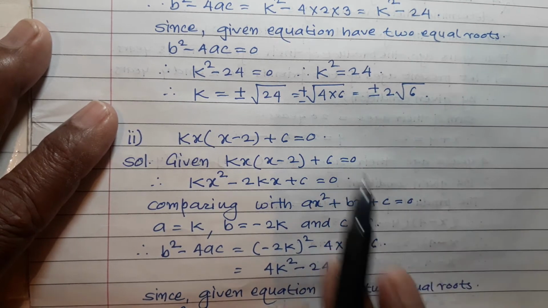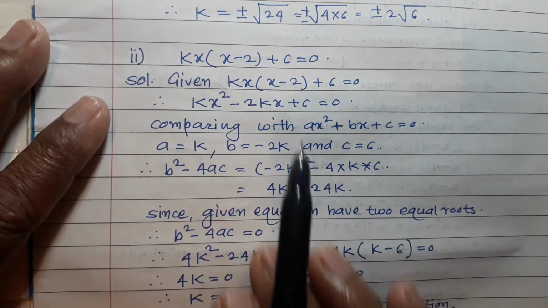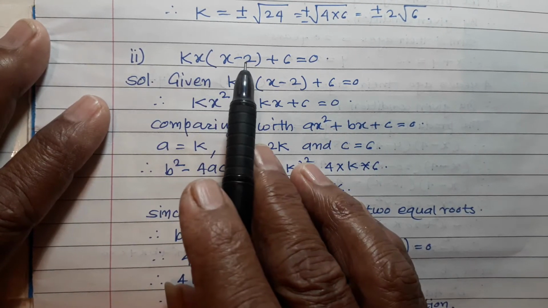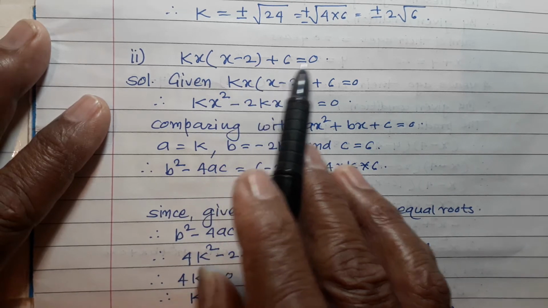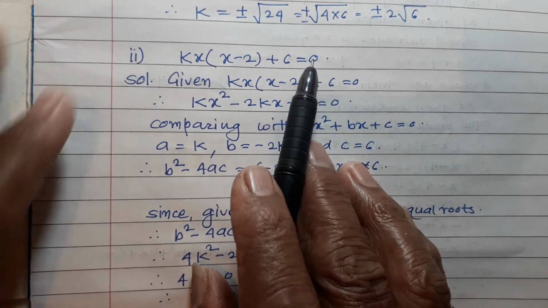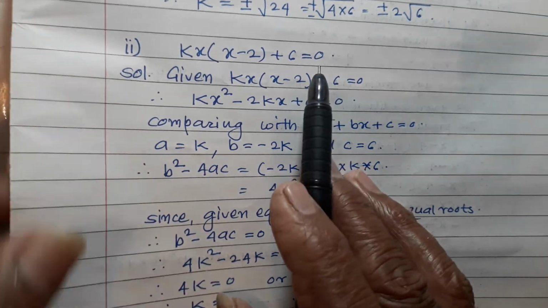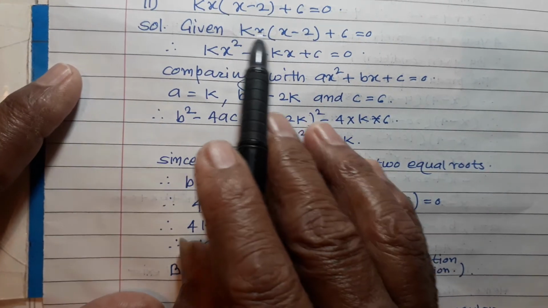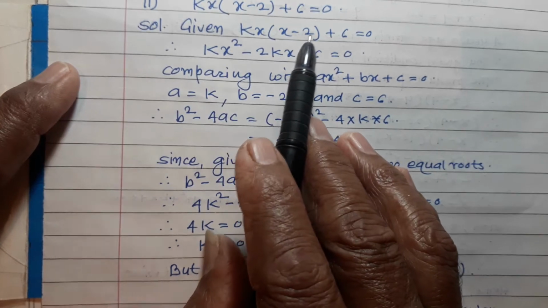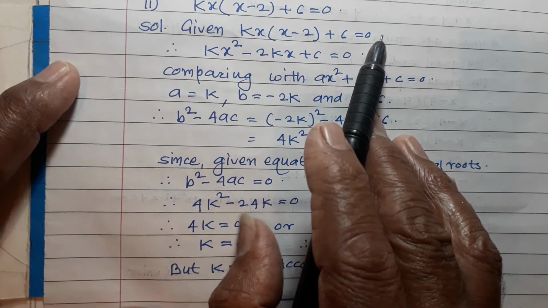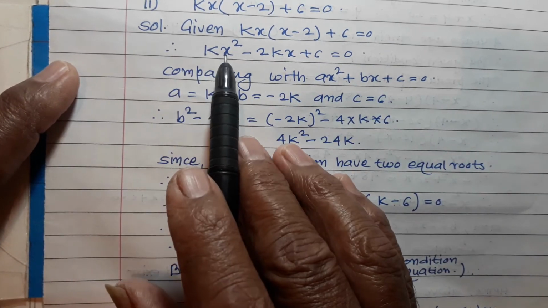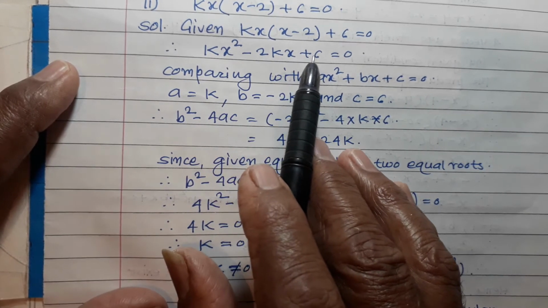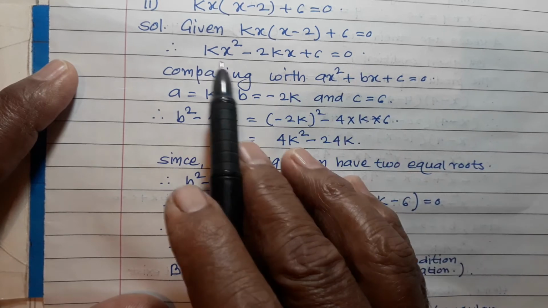Okay. Question number 2: kx into bracket x minus 2 plus 6 is equal to 0. Now solution. Given kx into bracket x minus 2 plus 6 is equal to 0, and therefore kx square minus 2kx plus 6 is equal to 0.